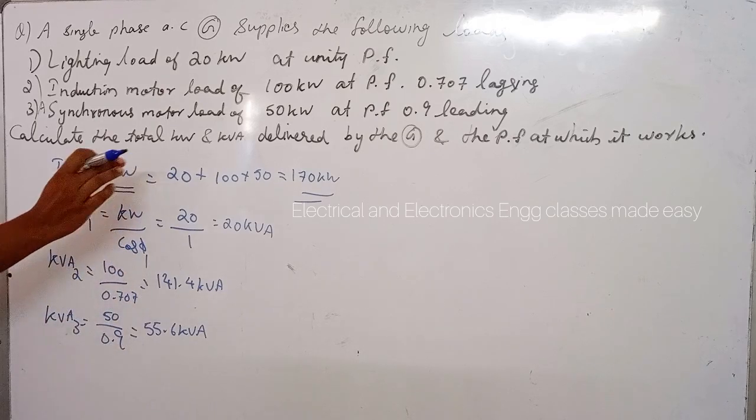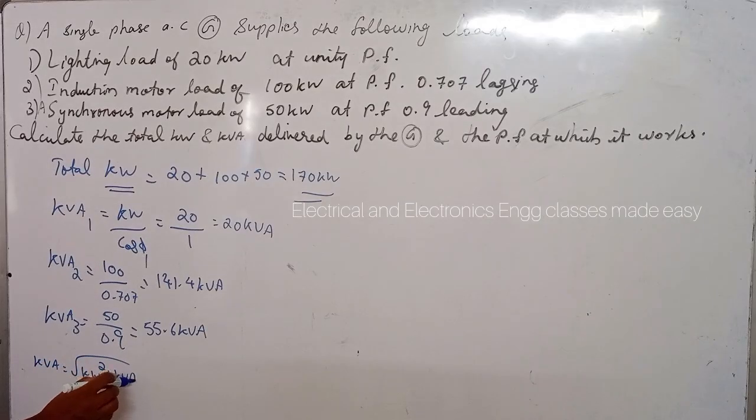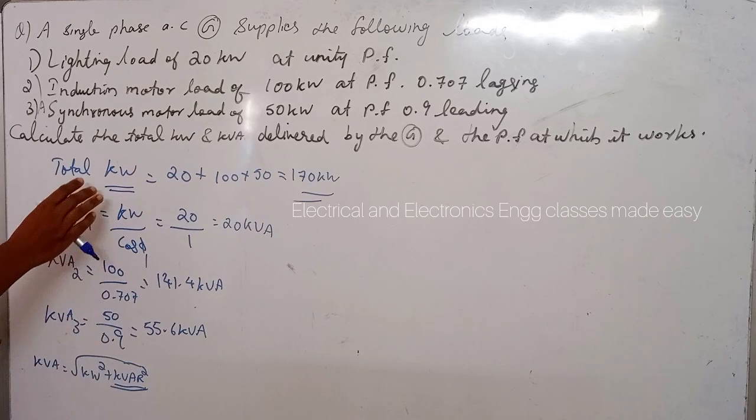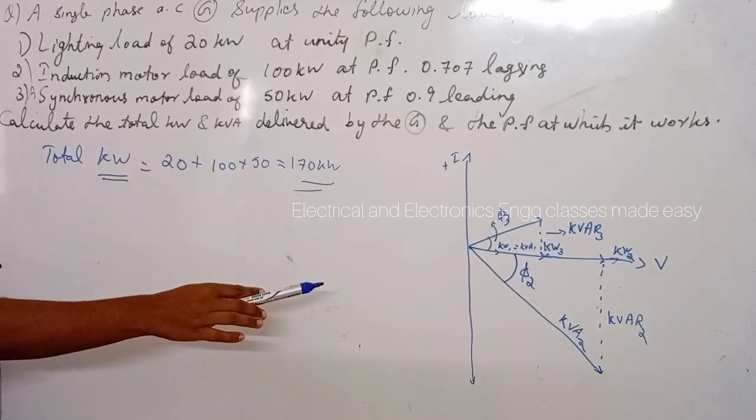Now to find the resultant kVA, we have the equation, total kVA is equal to square root of kW square plus kVAR square. So for that we have to find the value of kVAR. The next step is we have to find the value of kVAR of each load. Now consider the phasor diagram of these loads drawn.